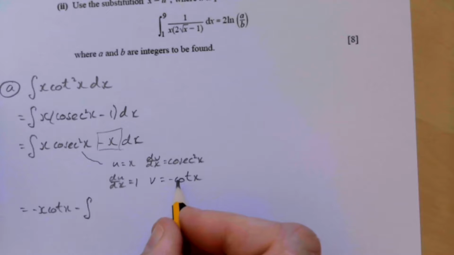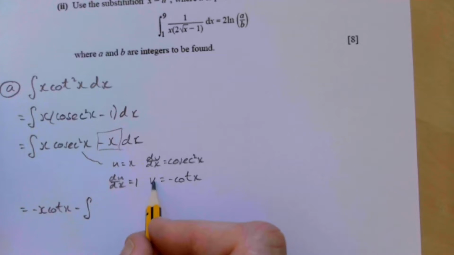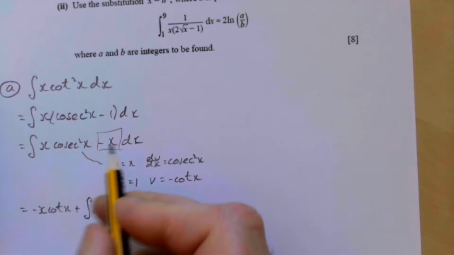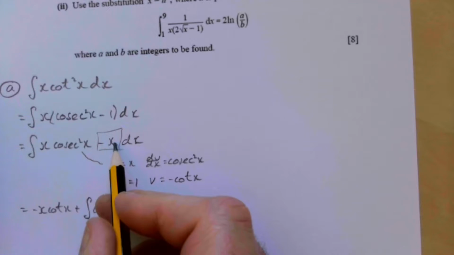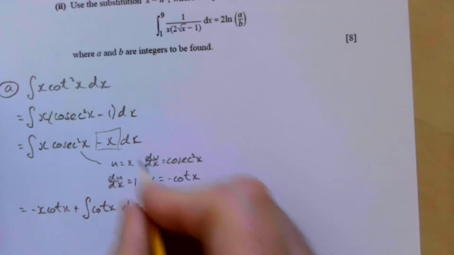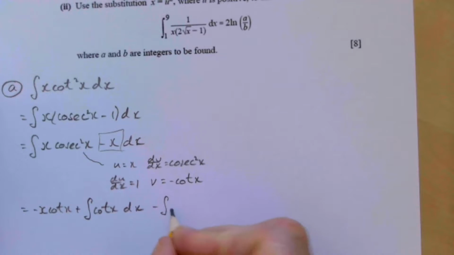So do you see what we have here then? The minus takes from the minus here, so this turns into a plus of a cot x dx. And then here, it's a minus the integral of x dx. So we get minus x cot x.